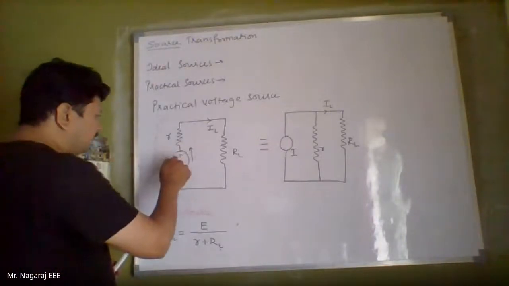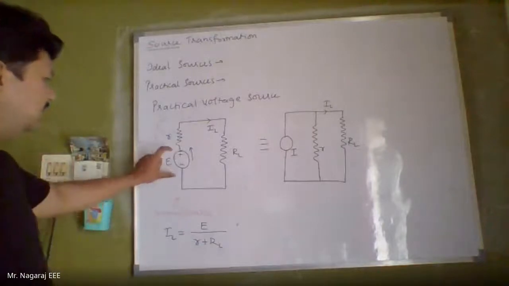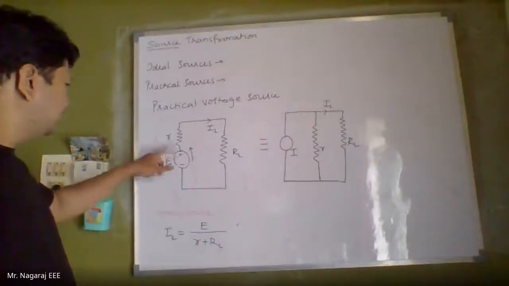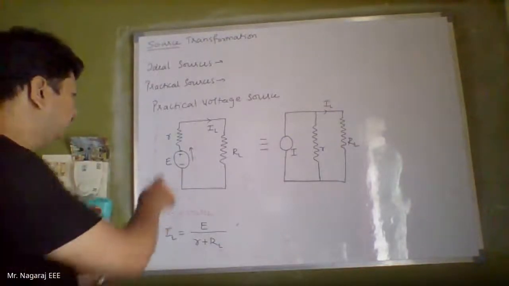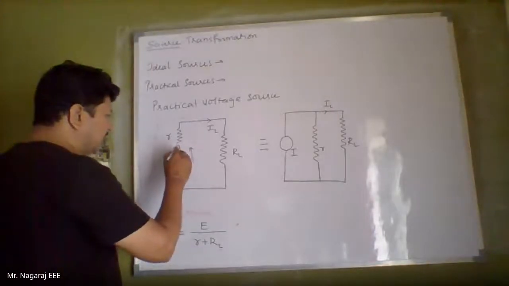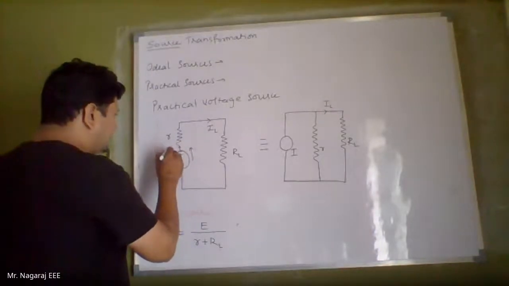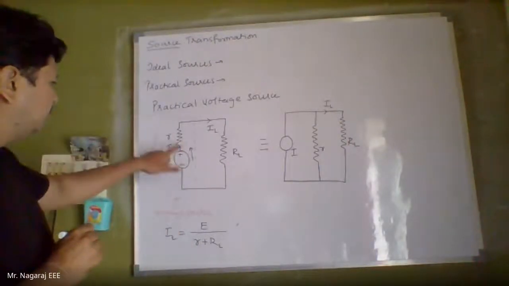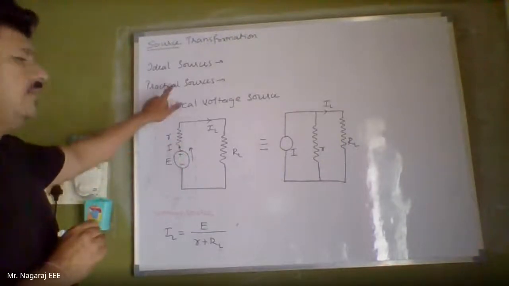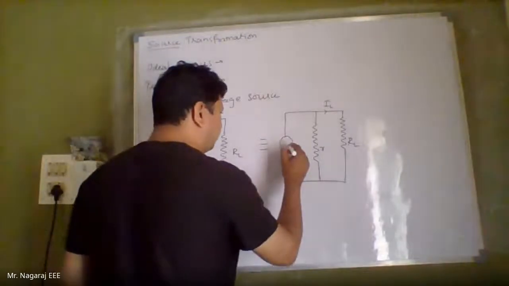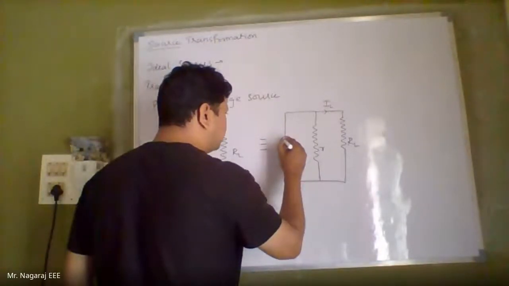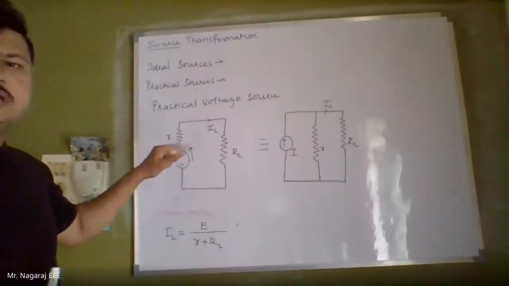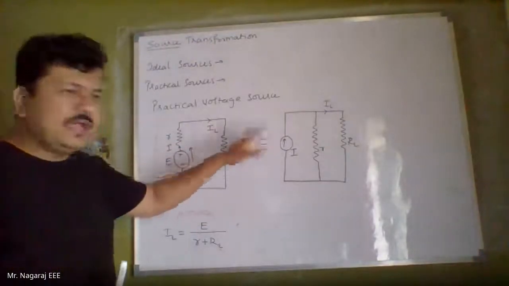When I observe the direction of the EMF of the source, it is upwards, because the positive sign is up and the negative sign is down. The conventional current flows out of this EMF source, upwards, so the direction of the current source is upwards.